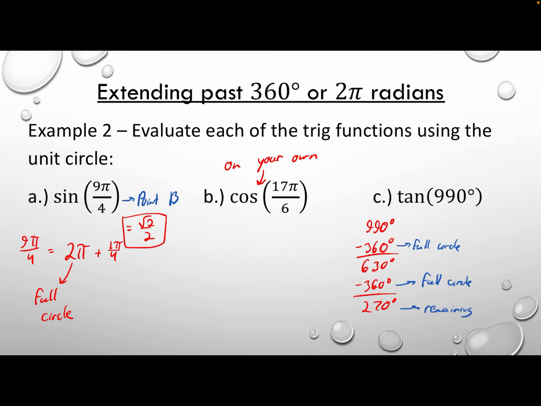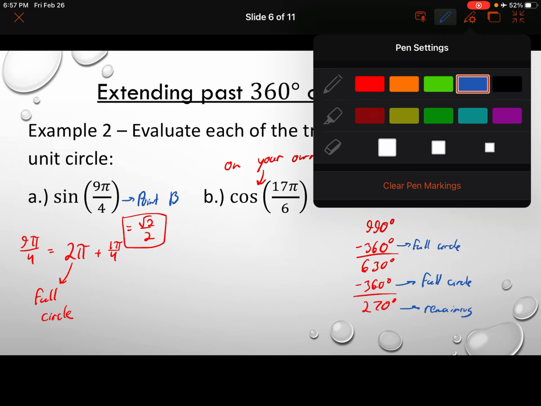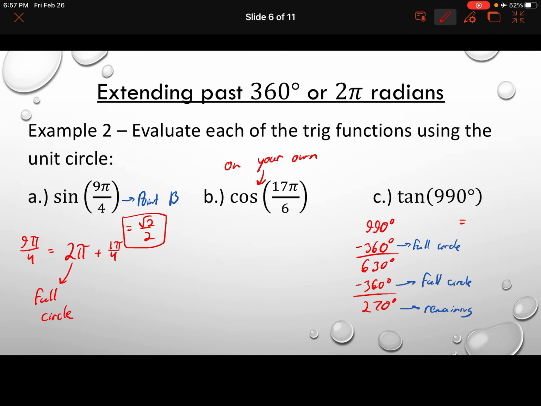In this case, since tangent is y over x, we're going to end up with y, which is -1, over x, which is 0. Uh-oh, we have division by 0. Undefined. Whenever you divide by 0, you get an undefined answer. So that's your final answer for part C. Once again, part B, do on your own.